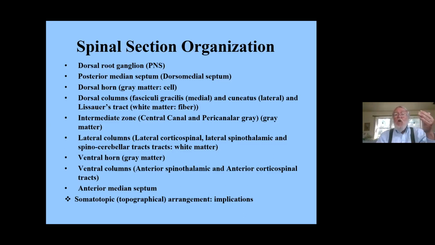What they could do is those fibers could enter into the spinal cord and then shoot up either the fasciculus gracilis or fasciculus cuneatus through the dorsal column system. So in that case, those particular cells are not going to synapse until they get to the medulla.